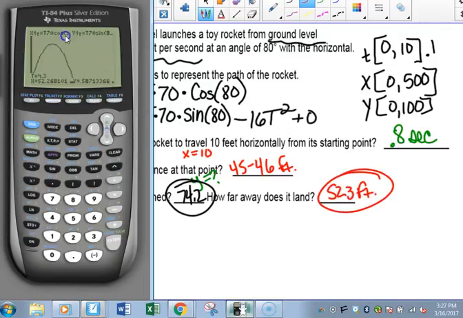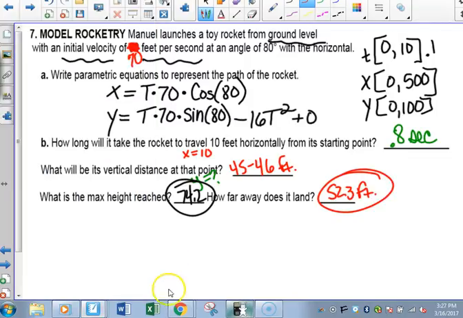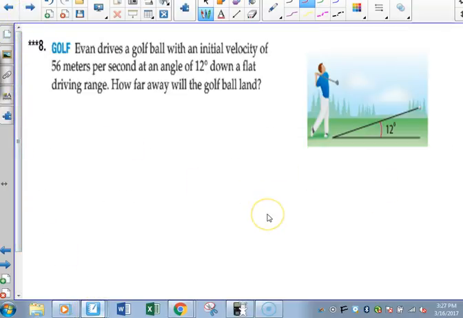Okay, we got 3 minutes. I want to do the golfing question because it has the different... Oh my gosh, I have something in my eye. Okay, this is a golfing question, but it's in meters per second. Do you see this? So what are we going to put in for x? T times... No, that goes in the y.